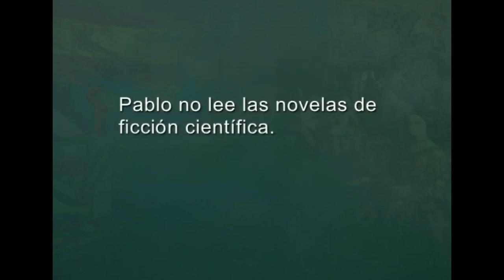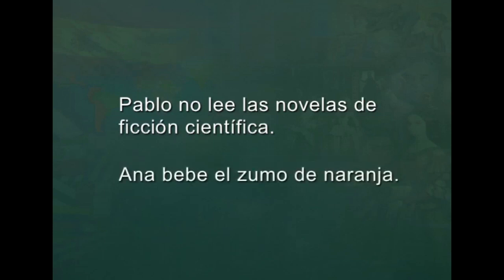Okay. Now, next sentence. Pablo no lee las novelas de ficción científica. Paul does not read science fiction novels. The name Paul in Spanish is Pablo. Ana bebe el zumo de naranja.